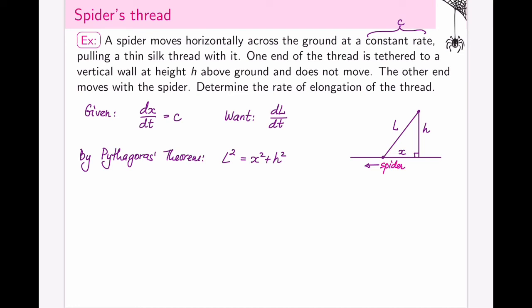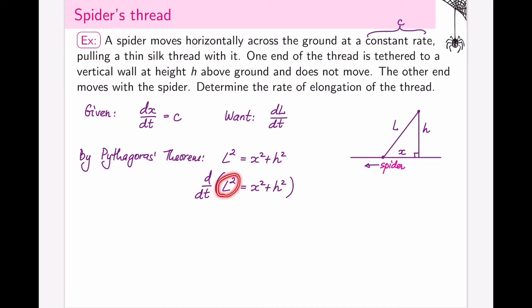So now, let's actually go ahead and take a derivative of this entire expression with respect to time, because that is both the information that is given to us and the information that we want. Okay, so I'm going to first rewrite this, highlighting the step that I'm taking, and signify that I'm going to take a derivative of that with respect to time.